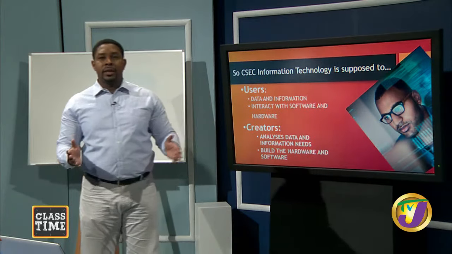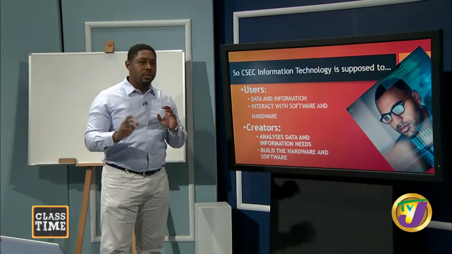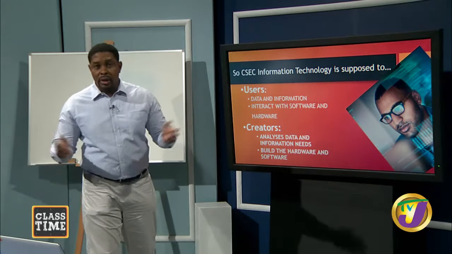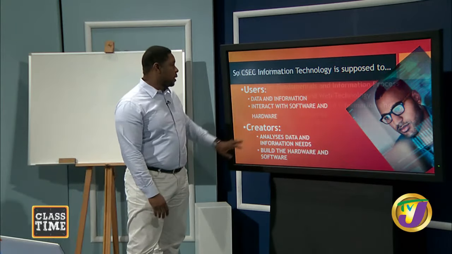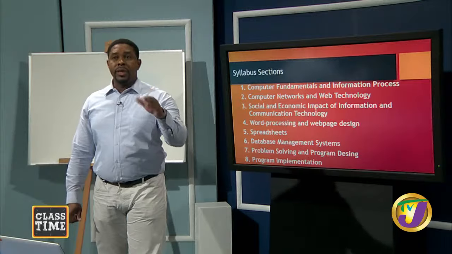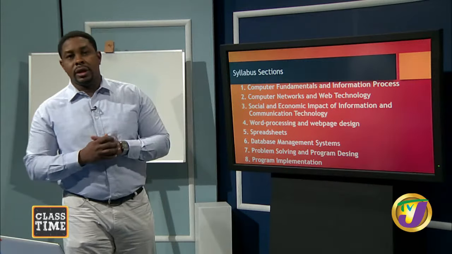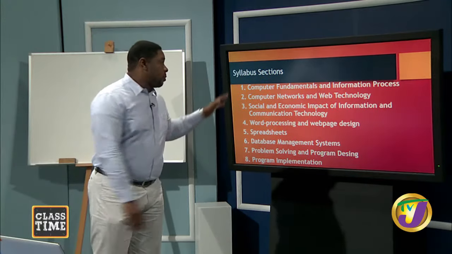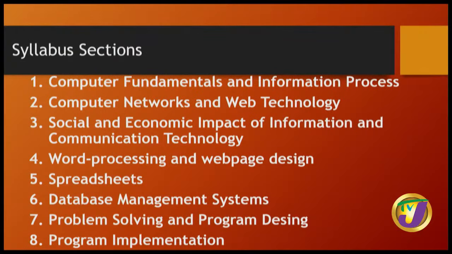So being a creator mostly is what the subject is about, but it covers a lot of things about users as well. So the fundamental things are the sections in your syllabus. What are they? We're talking about computer fundamentals and information processing, computer networks and web technology, social and economic impact of information technology, or information and communication technology.